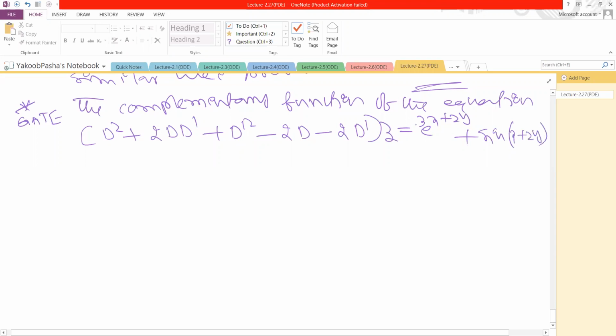This is the GATE question. Okay, just we have to find a complementary function.